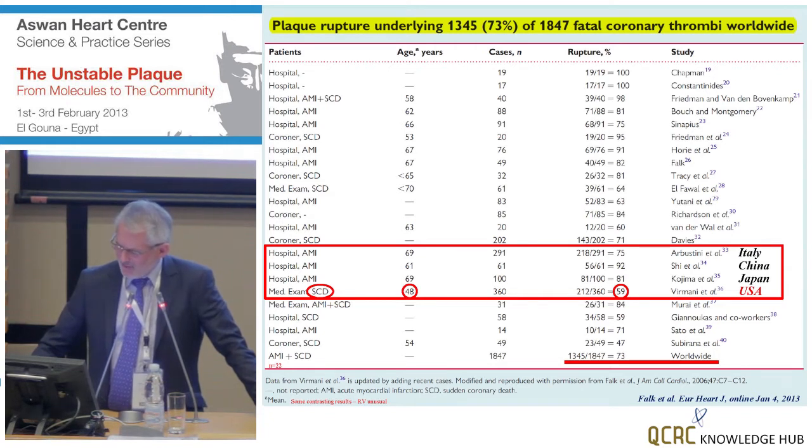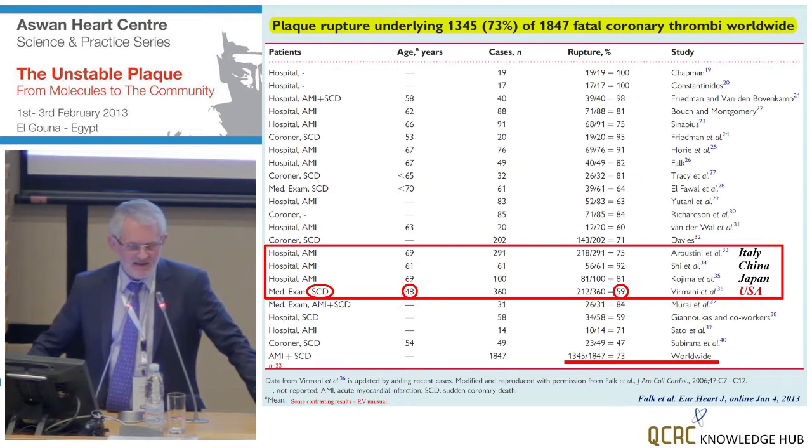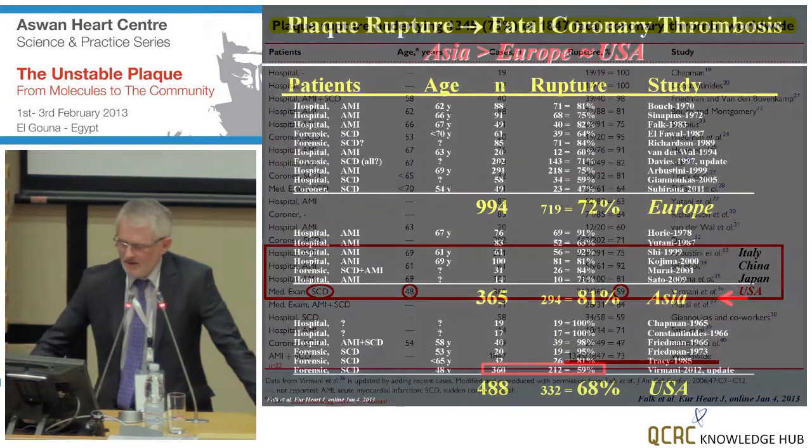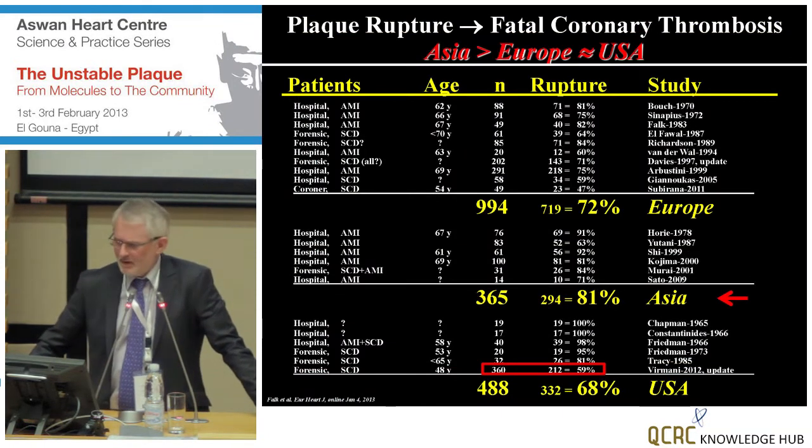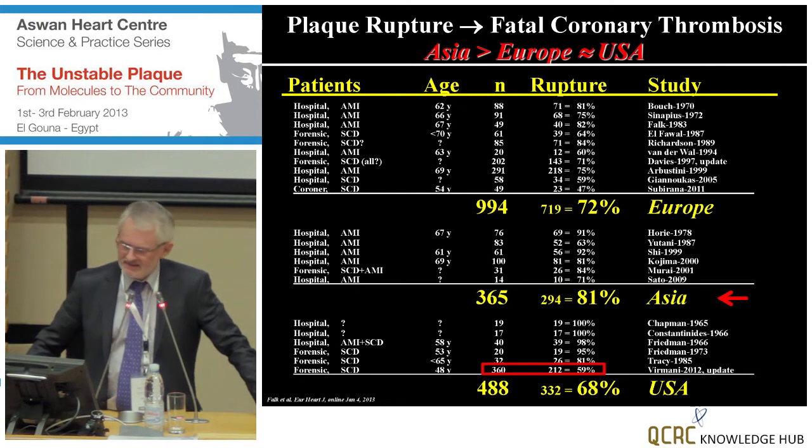So if we go to Japan, China, Italy, we can see plaque rupture is a much more frequent cause of coronary thrombi, but you can also see that the mean age is higher than in the Amani case from the United States. So, is there any difference in the pathogenesis of coronary thrombi relating to ethnicity?